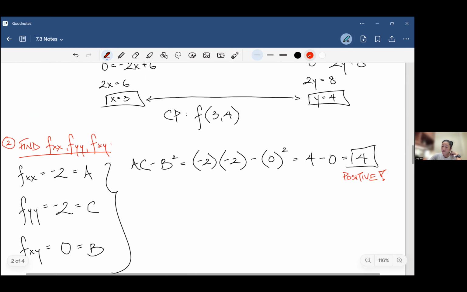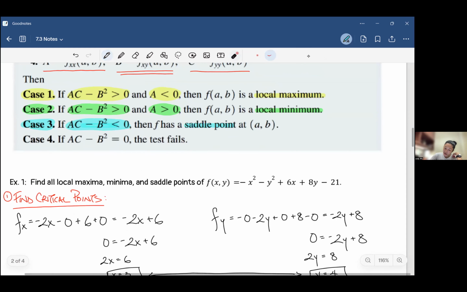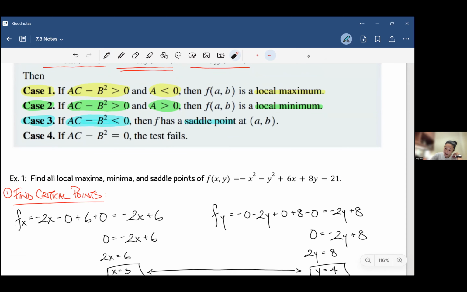Okay, so let's go back up to our chart. If AC minus B squared is positive, then we're either dealing with case 1 or case 2. That means we don't have a saddle point, but if our A is negative, we have a local maximum, but if our A is positive, we have a local minimum.